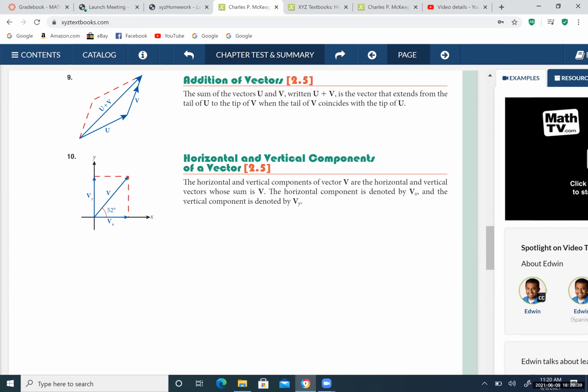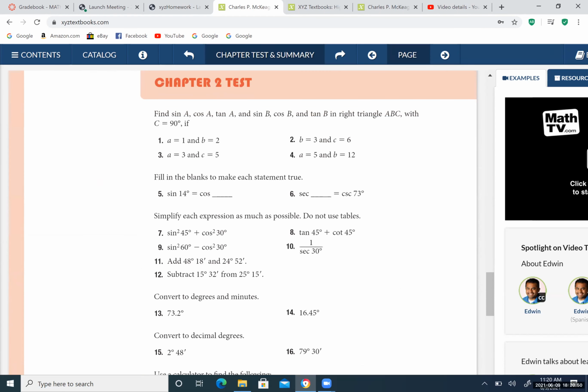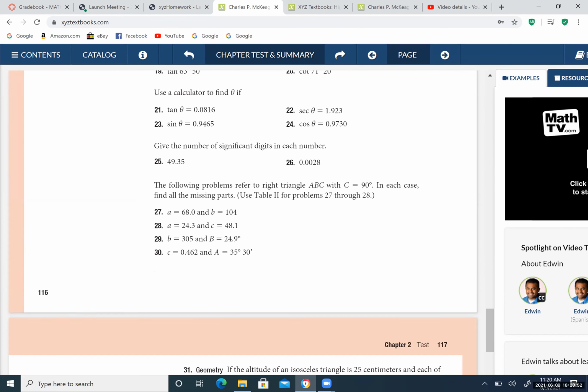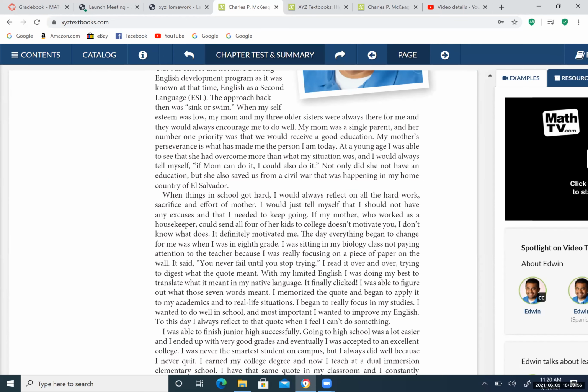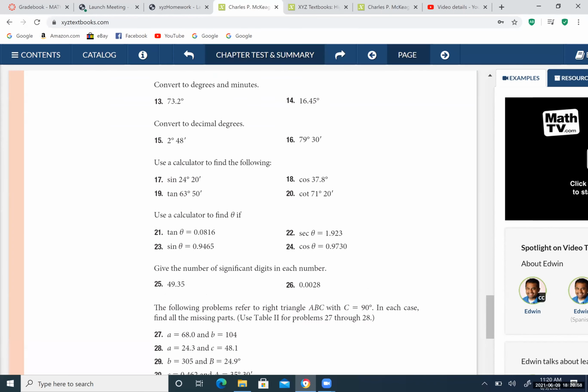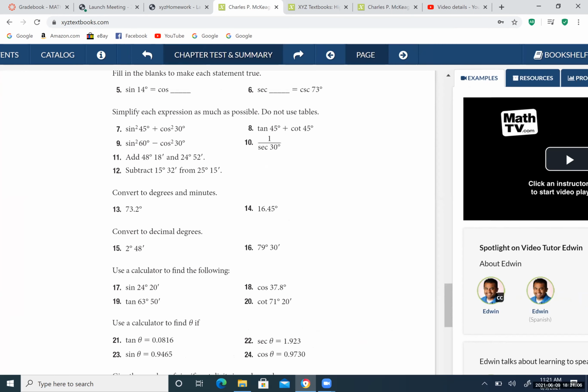In more detail, you will add the units of U and the units of V, which look like X and Y, and you will see that later. That is all in chapter 2. For trig, you don't learn a lot about direction and vector, but you should know just a bit of it. Okay, we're done going over chapter 2.